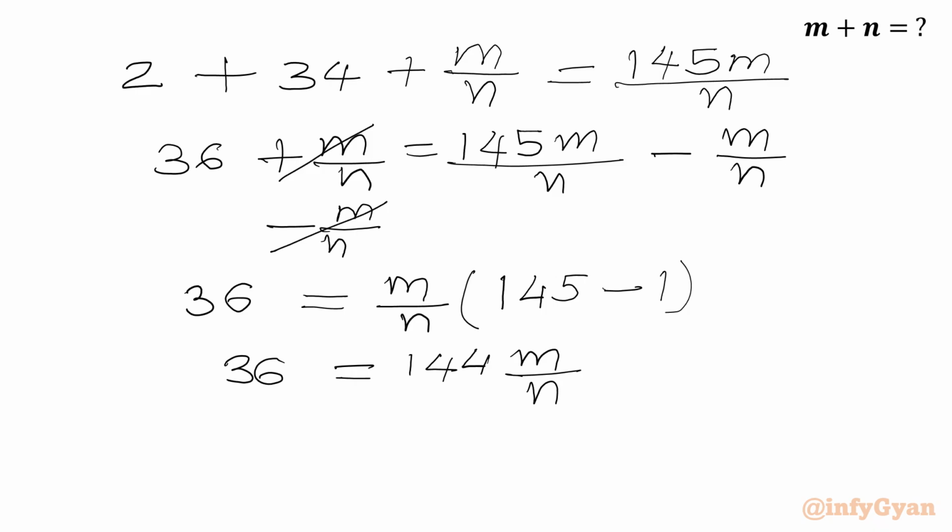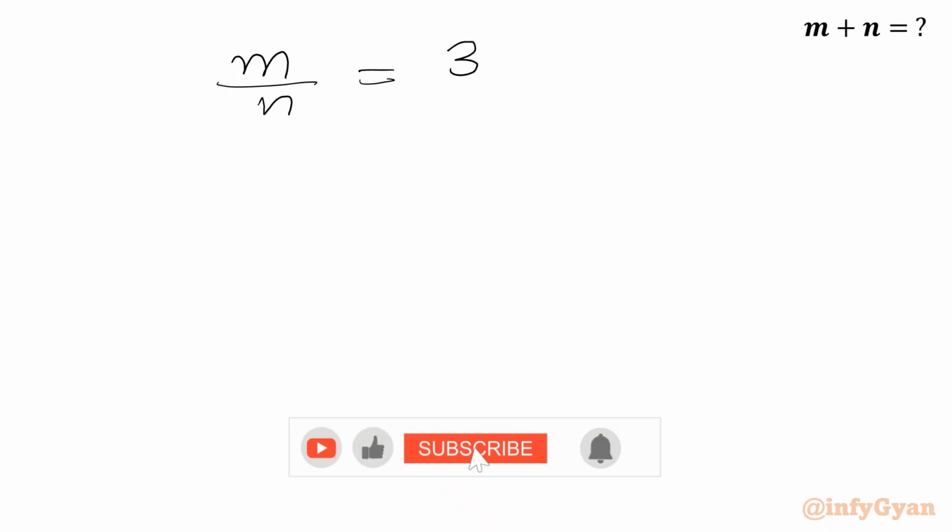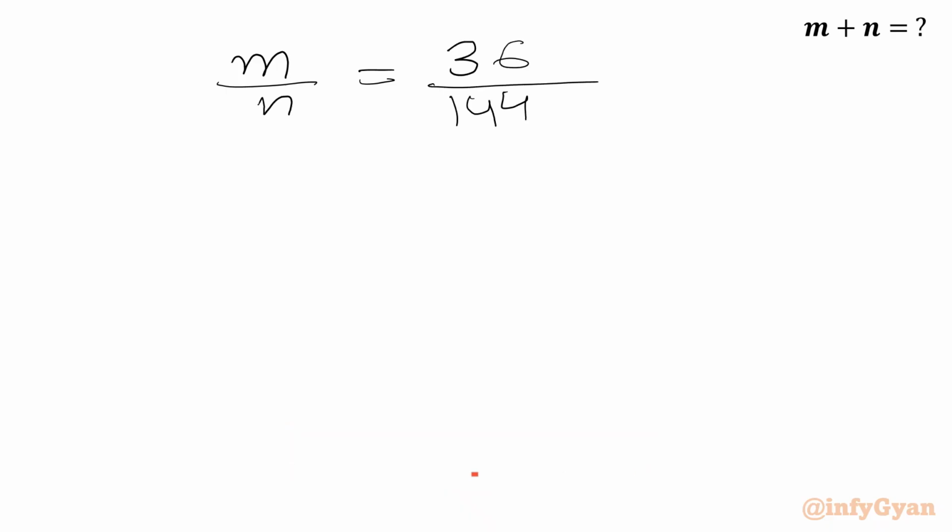Now we can divide both sides by 144. So from the RHS 144 will cancel out. So I can write m over n equal to 36 divided by 144.